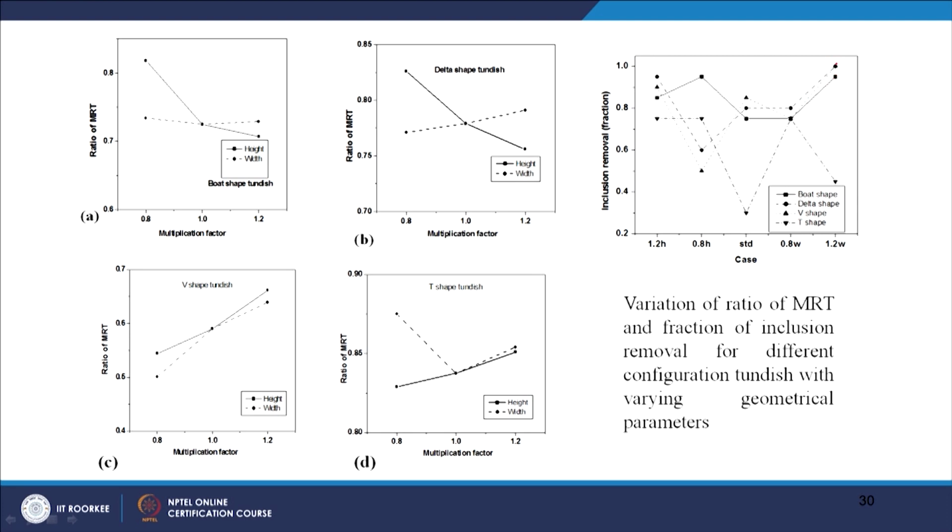This is the delta shape, showing the maximum with the height. And for this, if you look at the V shape, this is triangle 1 and this is your V shape. So, it is coming down and then it is further going. That way it is better for the 1.2 height.